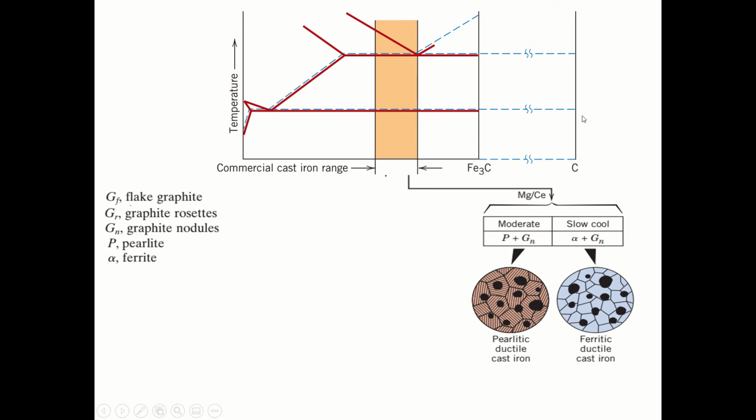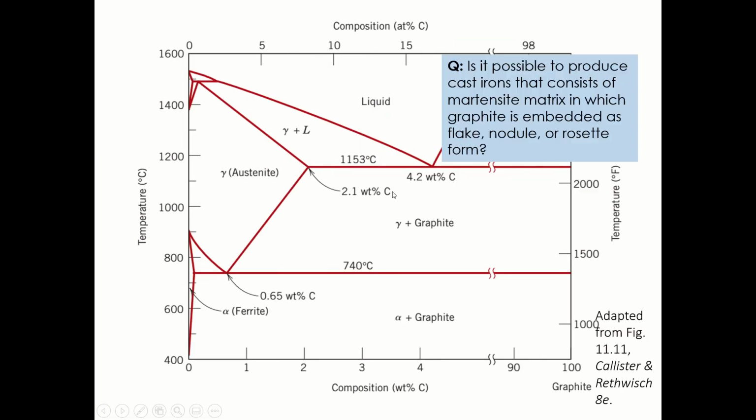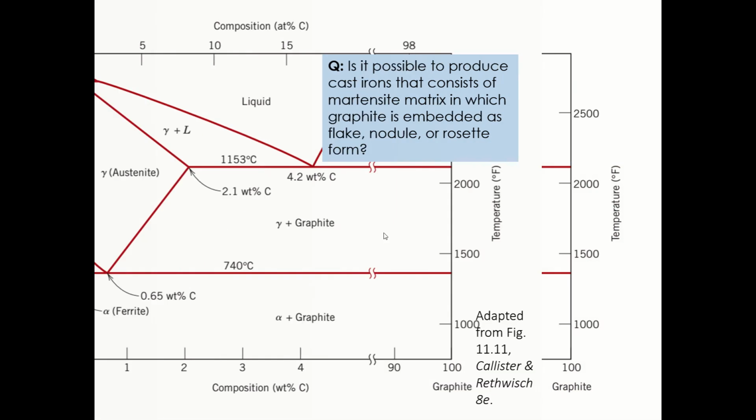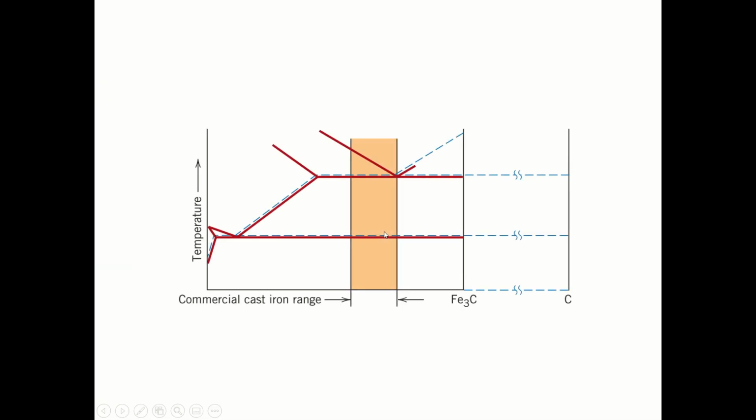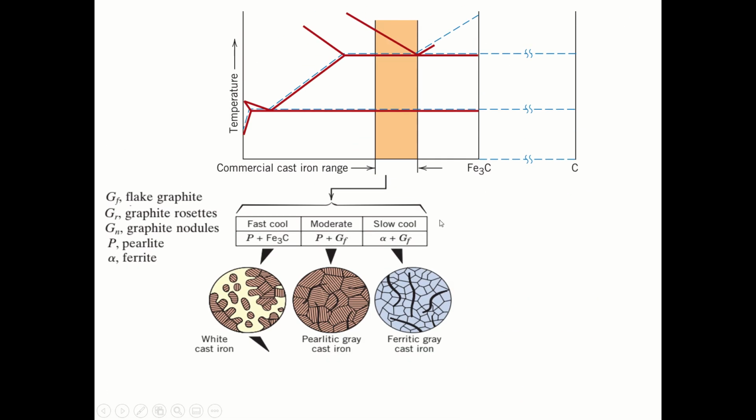So this is the range, the same thing I showed you before, this area. So pearlite, ferrite, and graphite of GF, GR, GN, and ferrite.